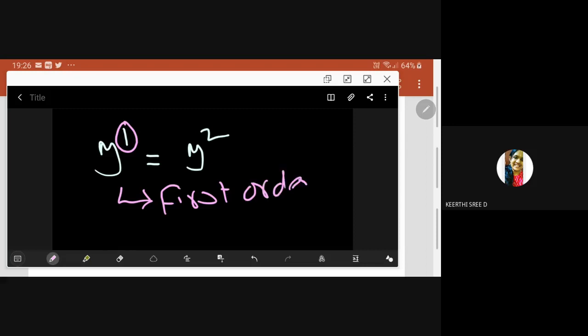But how many terms are there here? There are 2 terms in this equation. This is the first term, this is the second term.